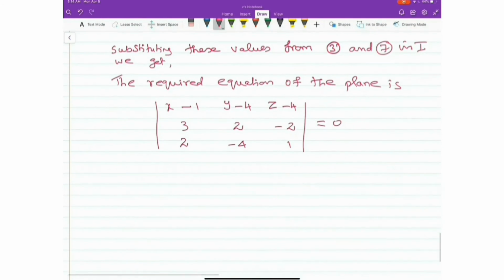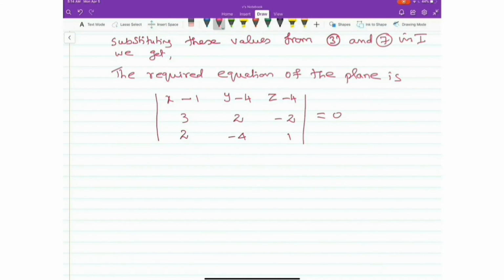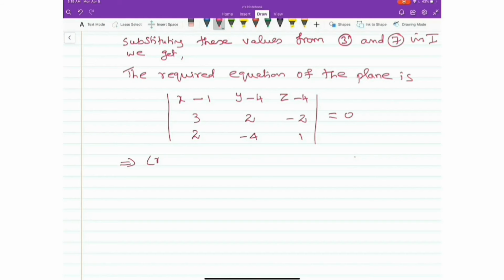Now let me evaluate this determinant using the first row. I will be getting, this implies (x minus 1) into, leaving the first row and first column, I will have 2 minus 8. Then minus (y minus 4) into, leaving the first row and second column, 3 plus 4.